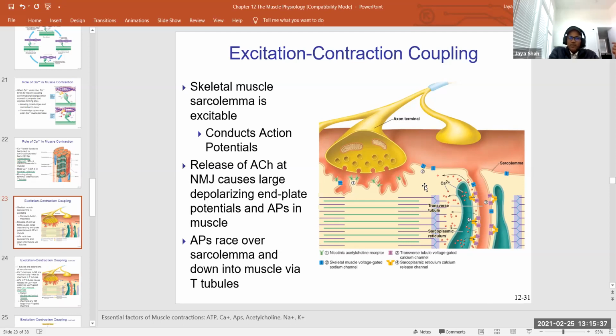So you know how much benefit there is if you exercise. You are using a lot of ATP, needed for muscle contraction and other actions. For the action potential, you need acetylcholine. Where you need sodium, you see here, sodium ions.